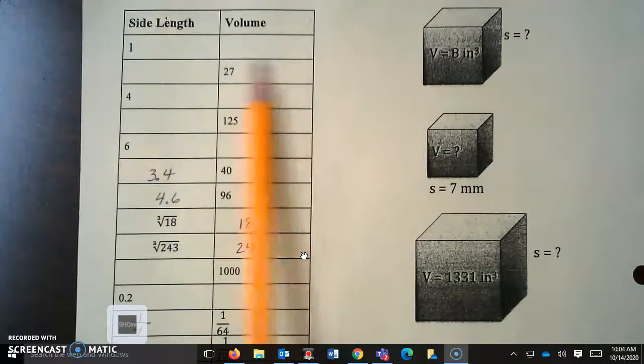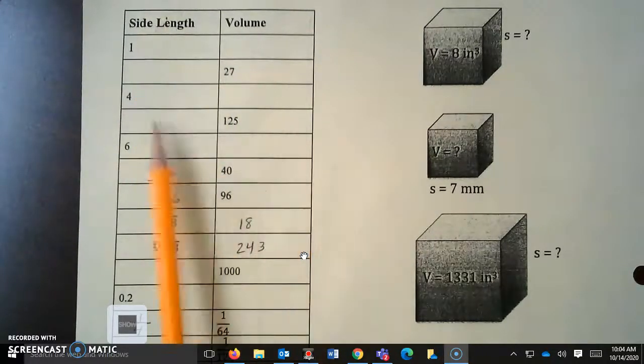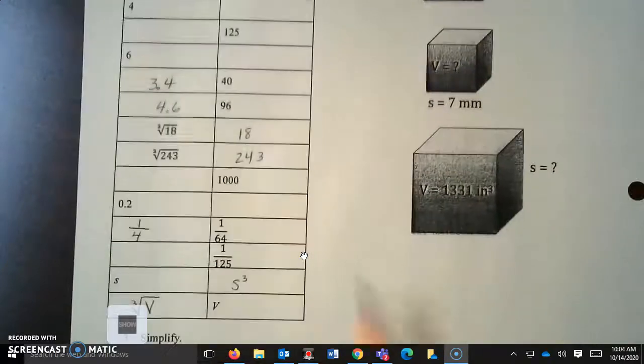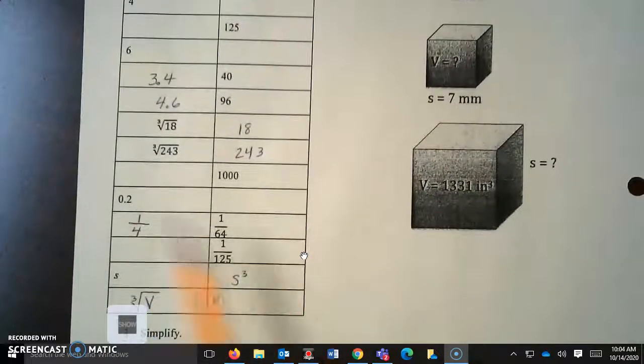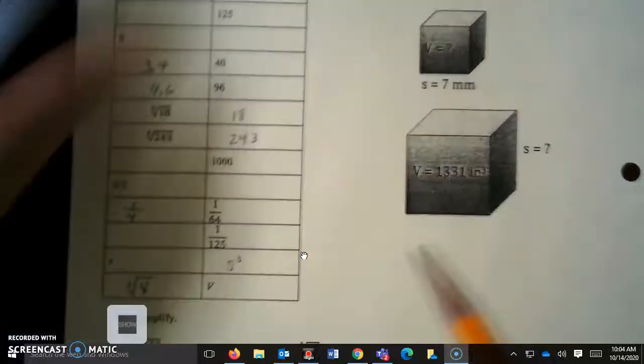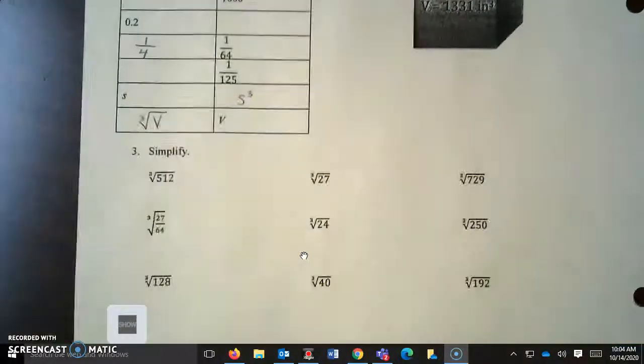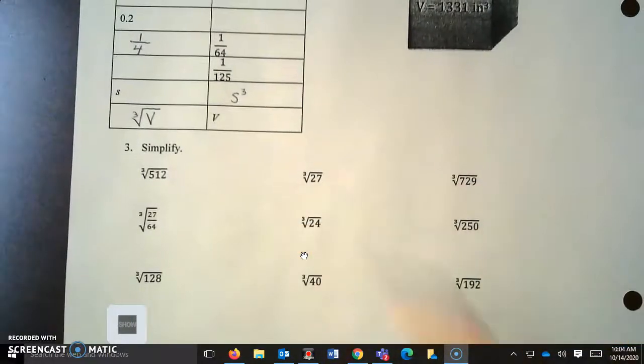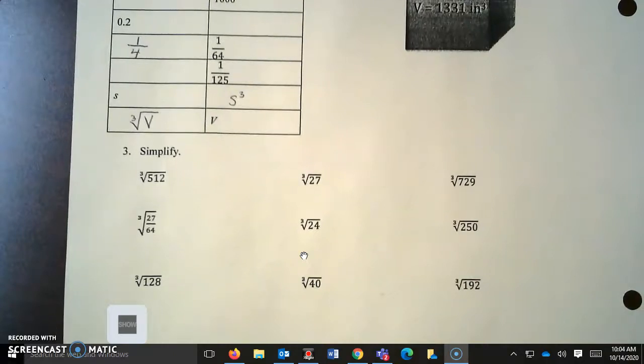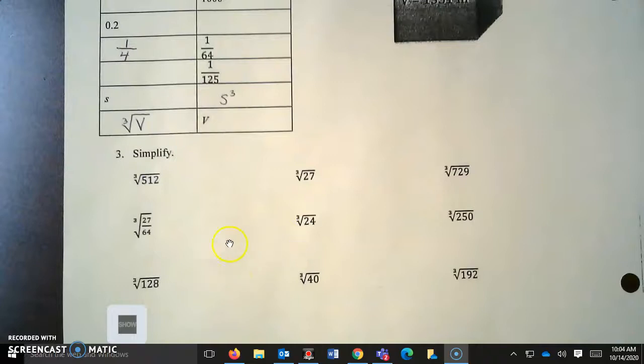To go right to left, take the cube root. And you will see a couple of the fractions. I did one of them. I just left you one. And at the bottom, just taking the cube root. Again, some of these will be decimals. Just round it off to the first decimal place. Okay, do your best. If you have any questions, always let me know and I'll help you. Good luck.